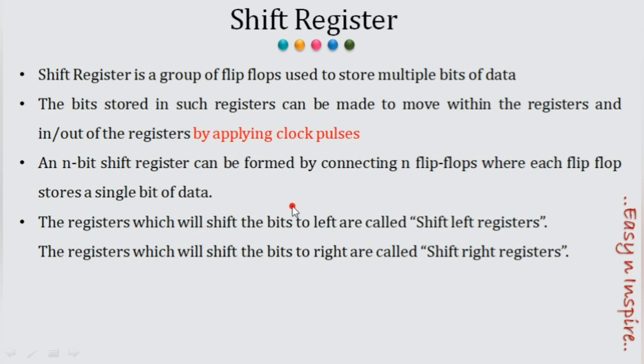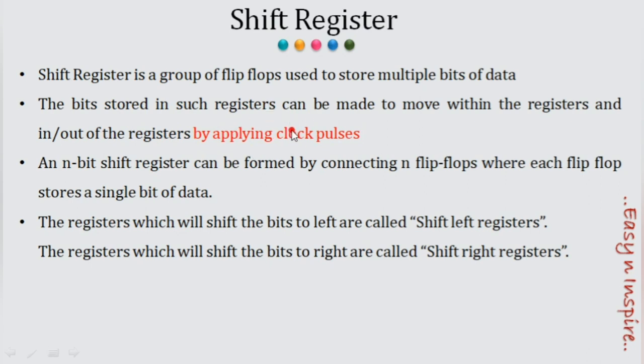The data is transferred only when we apply a clock pulse. So all these come under synchronous sequential circuits only. Only when you apply clock pulse, the data is transferred from left to right or right to left. If clock pulse is absent, then there is no change, so there is no transfer of bits.